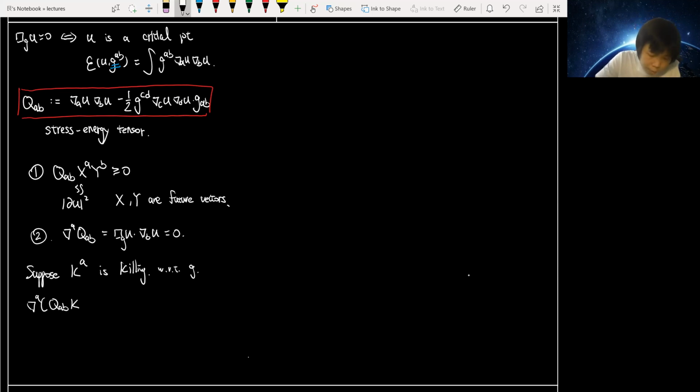Then we contract Q with K. We get a one-form, and the divergence of this one-form equals 0. Because Q is divergence free, and if the derivative hits K, K is Killing, we get an anti-symmetric tensor, and Q is symmetric, so their contraction will be 0. Once we have something that is divergence free, that leads to conserved quantities.